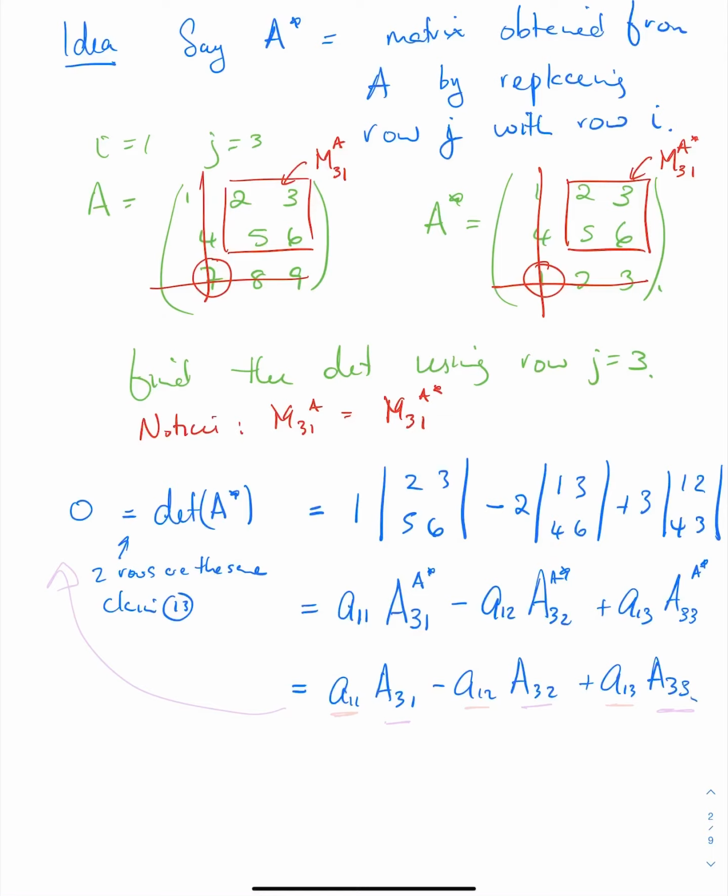And here we've proved that this expression, when we're taking coefficients along row 1 but cofactors along row 3, is going to give us 0. This is the idea. Now let's prove it.